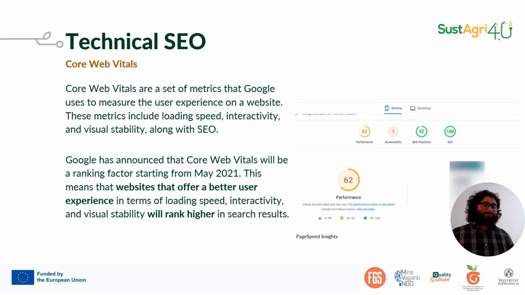In order to achieve that, you should also work on best practices, such as using clean code, optimizing images, and creating a mobile-friendly website; accessibility, ensuring that your website is accessible to all users, including those with disabilities; and finally, performance, such as improving page loading times, reducing server response times, and optimizing your website code.